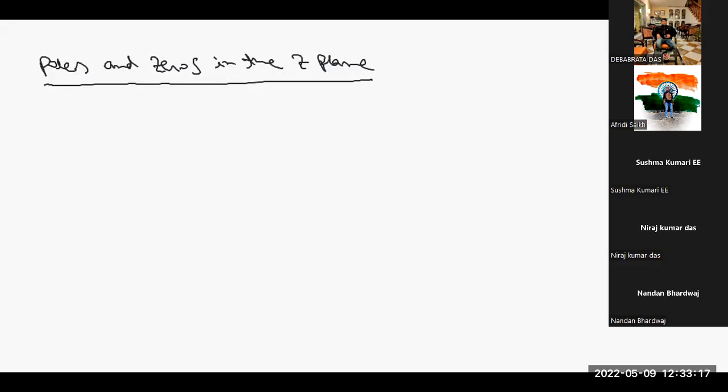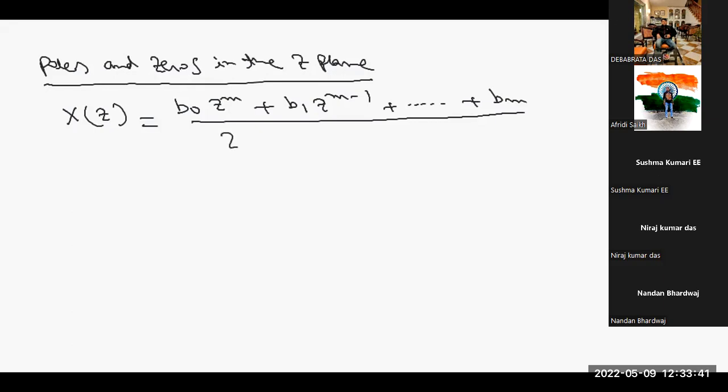So now we have to express this function, X(z) equals b0 z to the power m plus b1 z to the power m minus 1 plus dot dot dot plus bm, divided by z to the power n plus a1 z to the power n minus 1 plus dot dot dot plus an. The condition here is m is less than or equal to n.